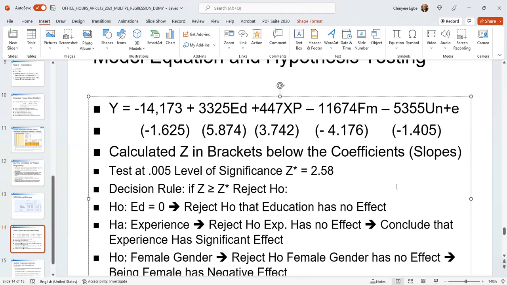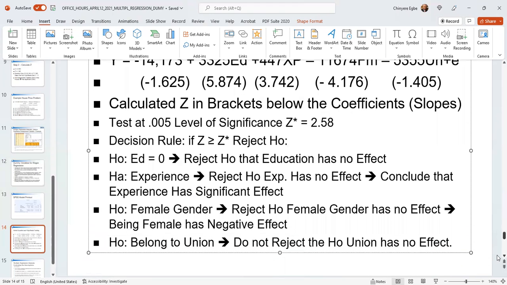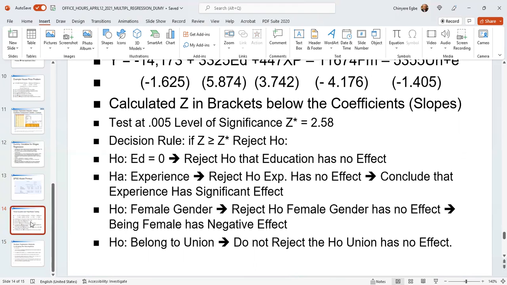Whether you belong to union or you don't belong to union does not affect the person adversely, because comparing the absolute value 1.405 to 2.58, unionization does not really adversely affect a person's income. So that's all we have for today.